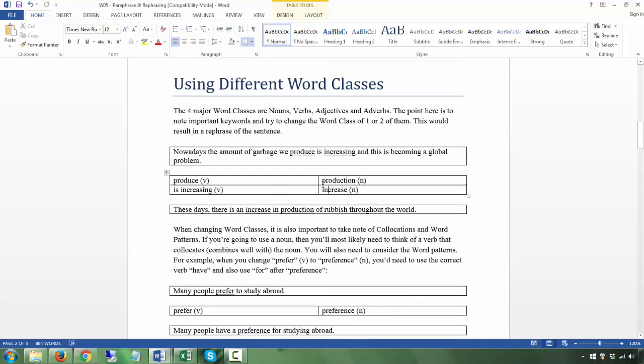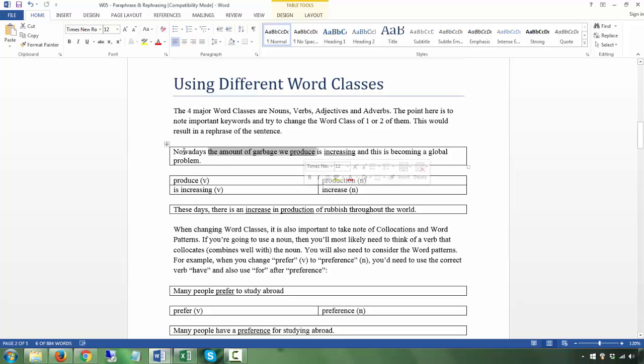So we've changed these important words, and we've changed the word class, and here it becomes: these days there is an increase in production of rubbish throughout the world. So you see that this sentence and this sentence are totally different. The structure is totally different. The subject is no longer the amount of garbage we produce.